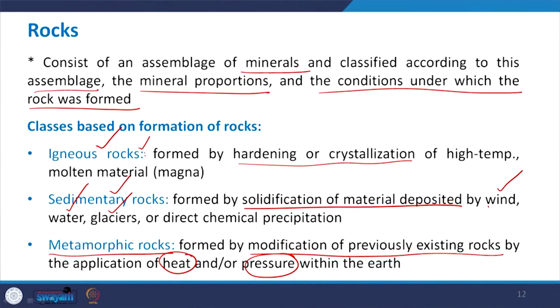So, these are the three different classes of rocks based on the formation. Now, you should be able to connect the previous table with respect to minerals and respective rocks here, that is, which mineral will be more common or the accessory mineral for these respective rocks, which are igneous, sedimentary or metamorphic rocks.